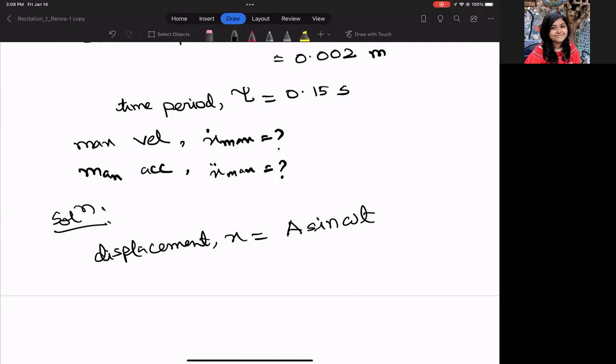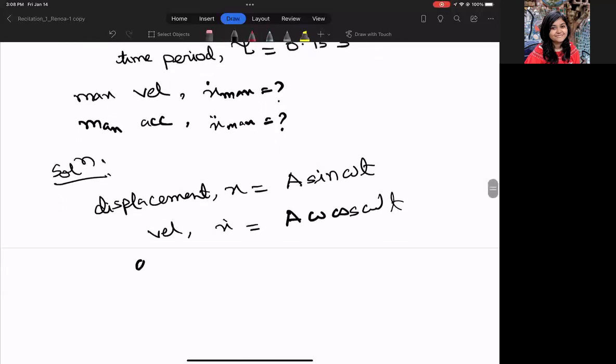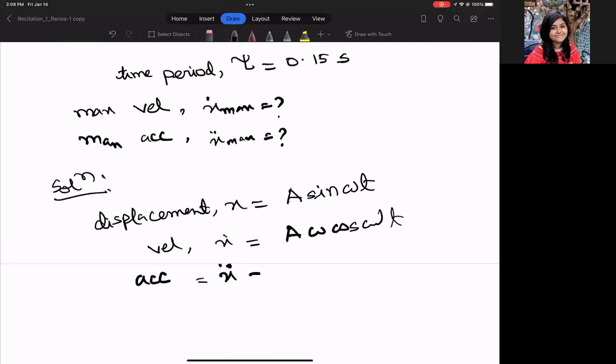From that we can get the velocity by differentiating the displacement, which will give us a omega cos omega t. You will get the acceleration if we differentiate the velocity, which will be x double dot, and this will give us minus a omega square sine omega t.